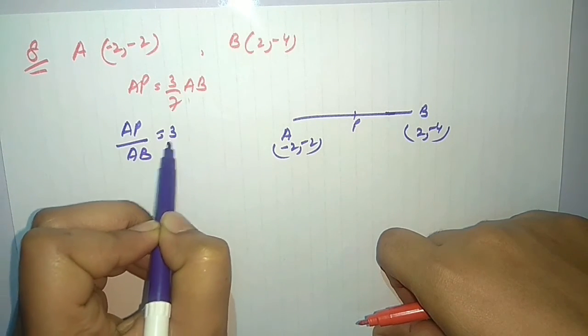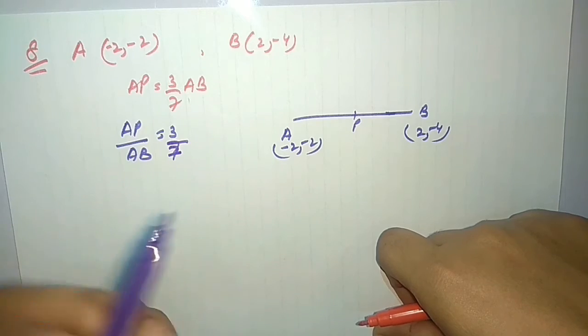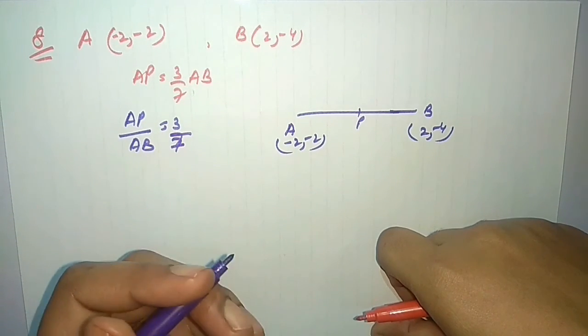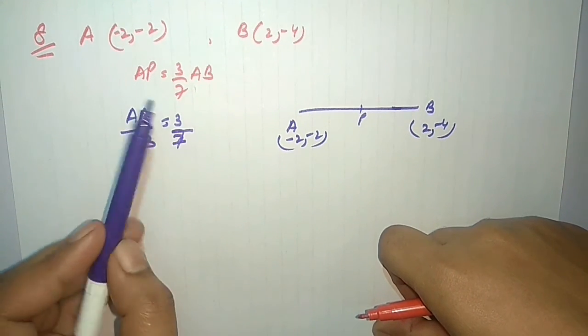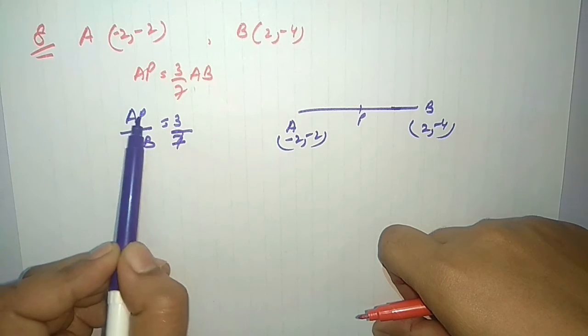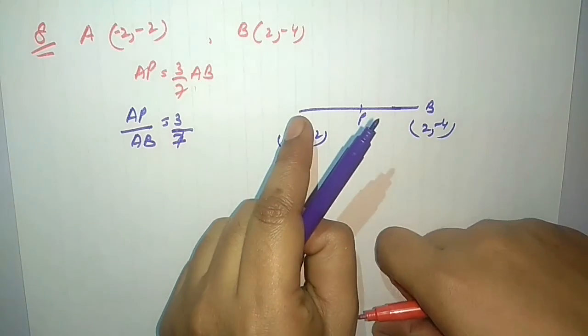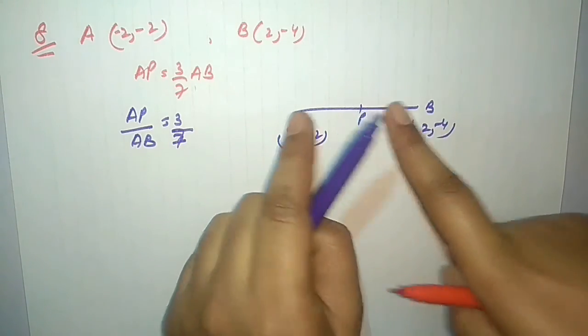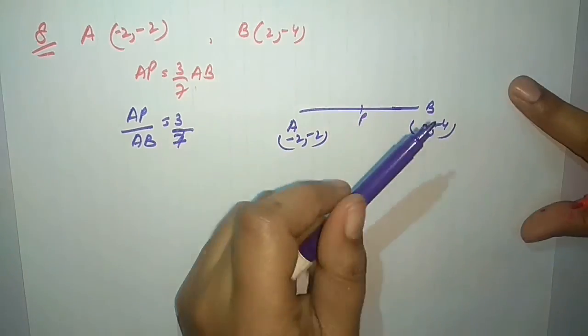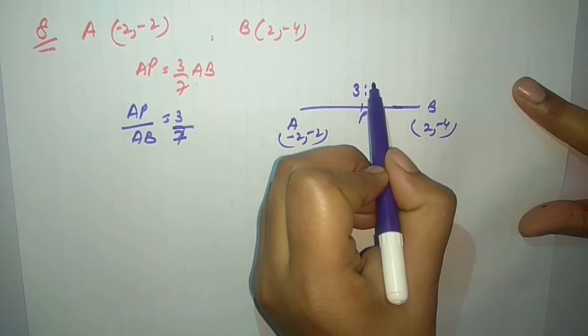If this question comes for 2 marks, then AP is 3 and AB is 7. This means the full line is 7 and AP is 3, then the remaining part is 4. Then the ratio is 3 ratio 4. This is the shortcut method.